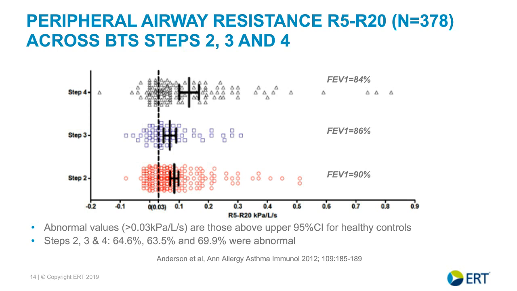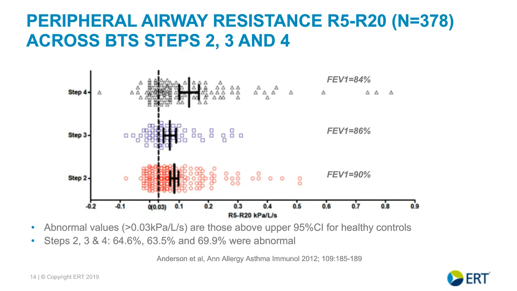What I want you to note here is that even in patients with step 2 mild asthma who've got a preserved FEV1 of 90% predicted, if you look at patients who have abnormal values above the confidence limit for healthy controls, you can see that over 60% of patients who've got a normal FEV1 will have evidence of peripheral airway resistance. So it's much more sensitive at picking up changes in airway caliber than the FEV1.